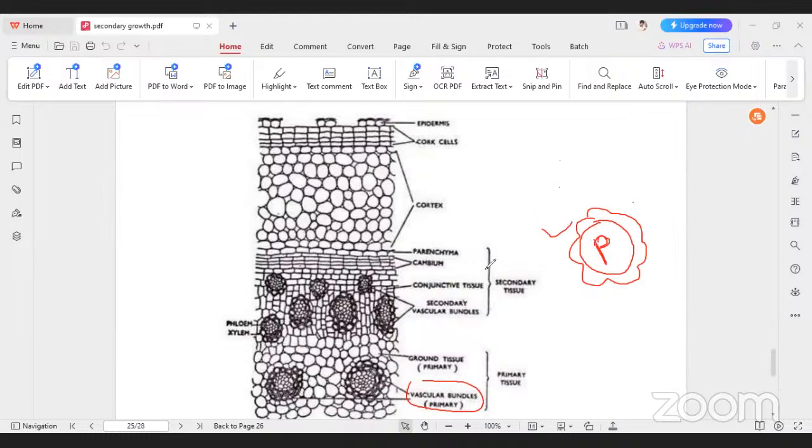But later, from the secondary tissues, again the same vascular bundle is formed with the help of the conjunctive tissue. This conjunctive tissue also develops into meristematic cells, later forming a central phloem surrounded by xylem cells. Of course, they are scattered like in a normal monocot stem.